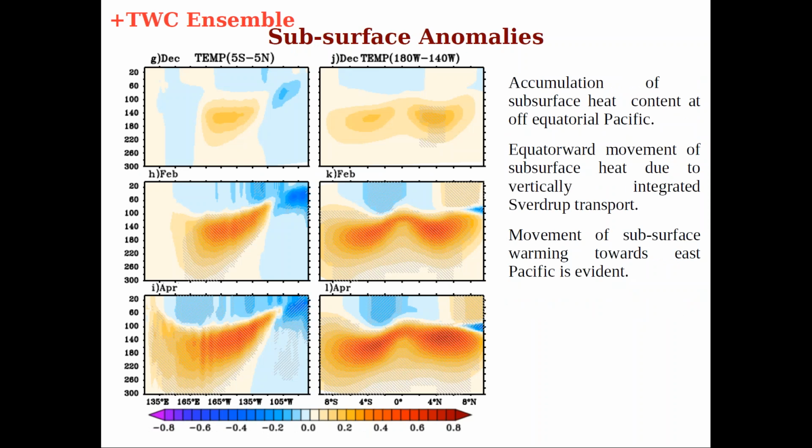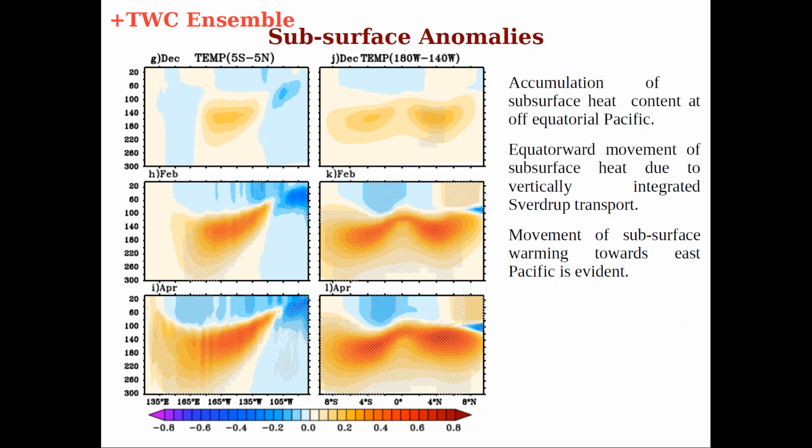Then we will see the subsurface anomaly, which is the most important. This is the temperature averaged over 5 degrees south to 5 degrees north, so it is along the equator. This is longitude, and this is latitude from 10 degrees south to 10 degrees north on average over this region.